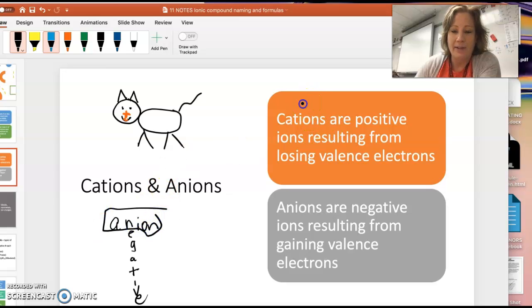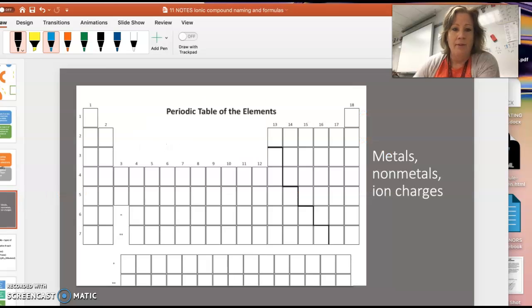So metals tend to become cations. They lose electrons and become positive because they now have more protons than electrons. Anions are going to be the nonmetals. So it's important that you know where the staircase is.